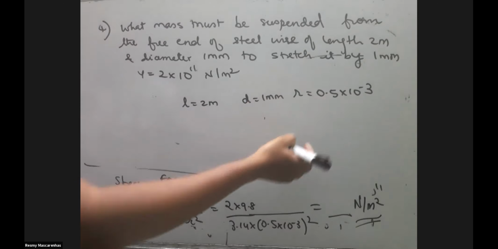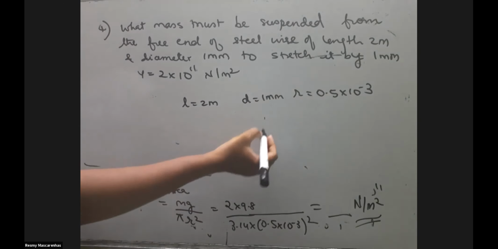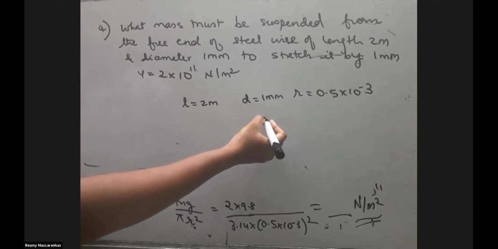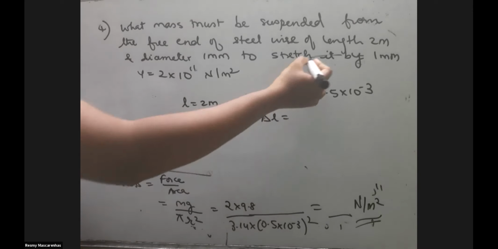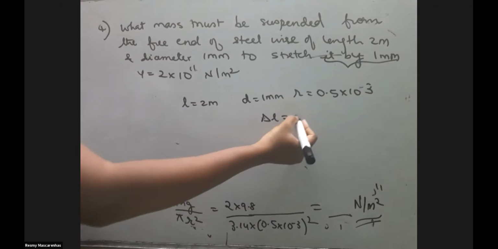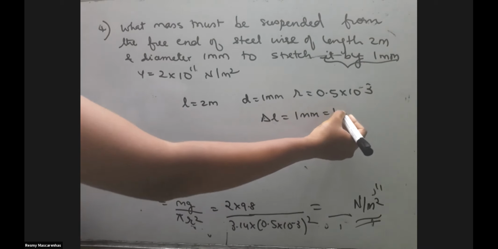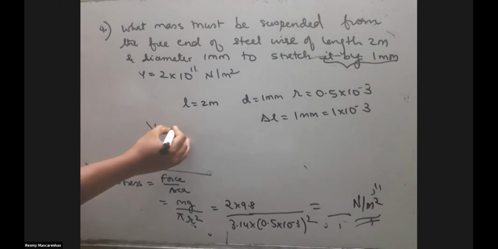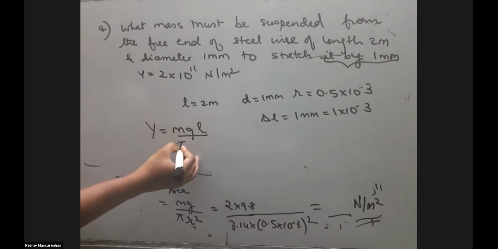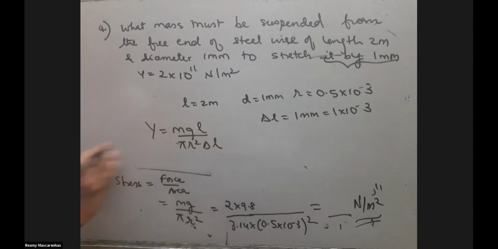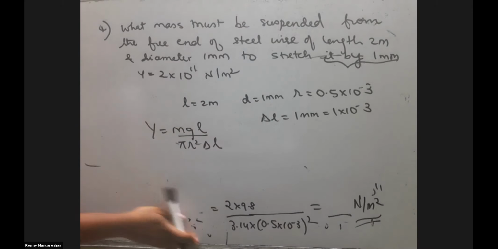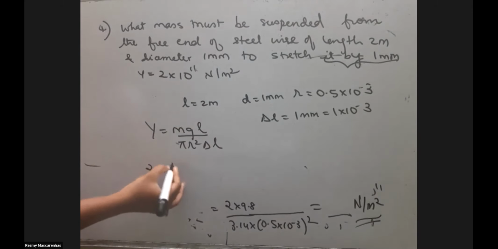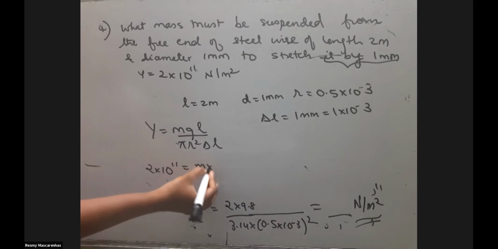Half of 1 will be 0.5. Stretched it by 1 mm means delta L is 1 mm. And we have to calculate.